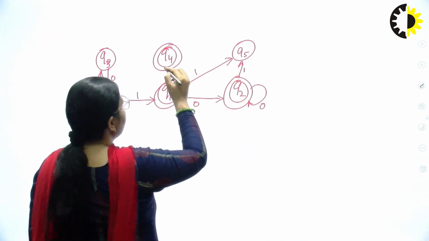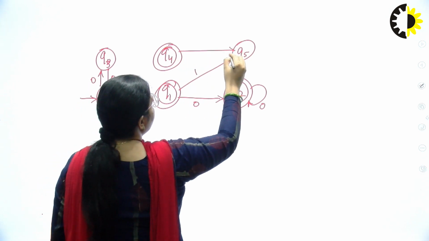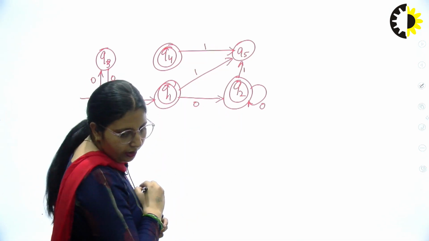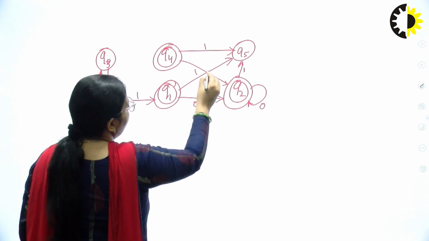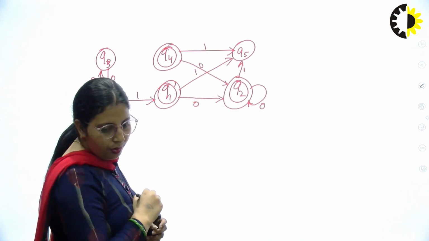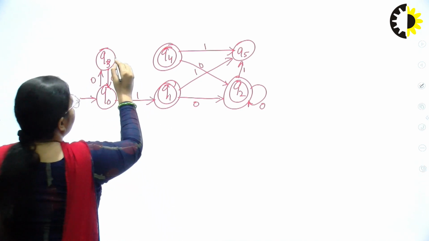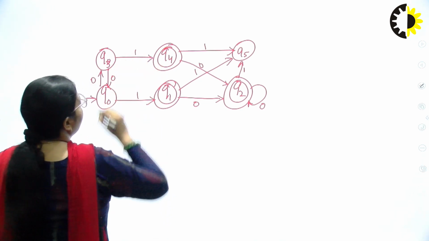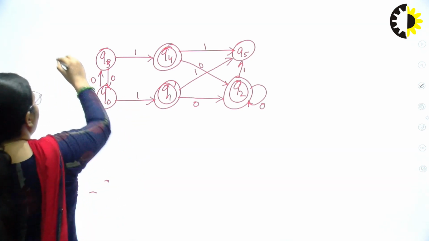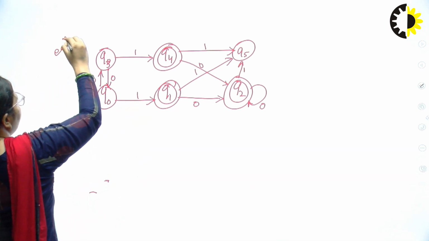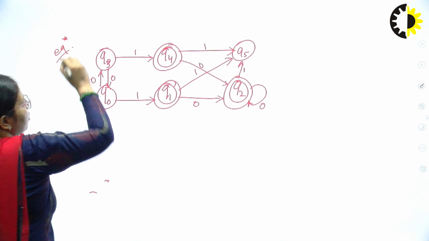From state Q4 it goes to Q5 on input 1, and it goes to Q2 on input 0. So this is another example that you have to solve.